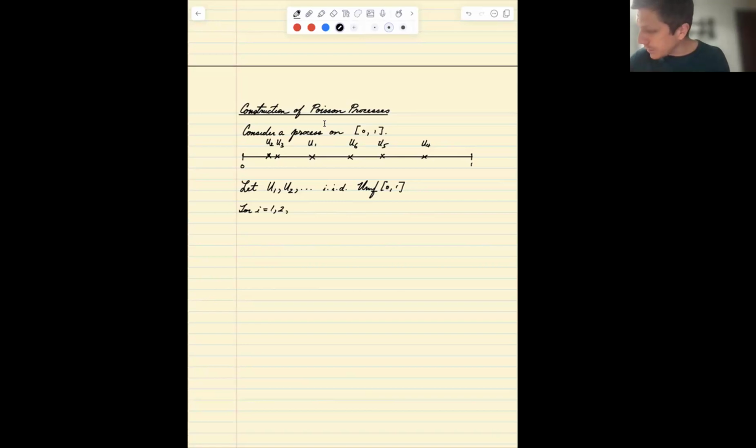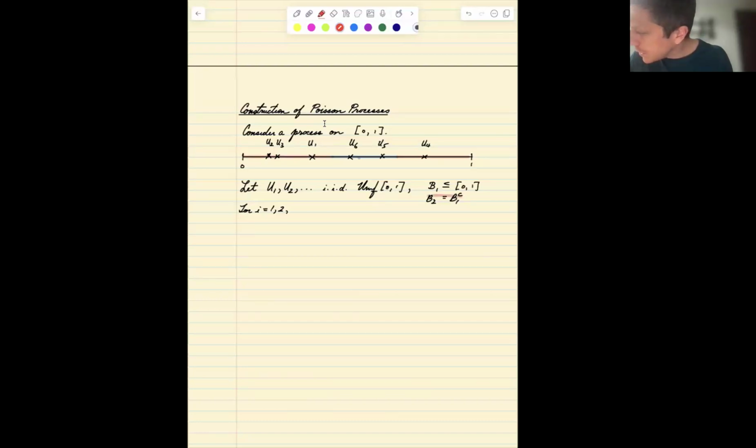We'll define B1 as a subset of the unit interval, and then define B2 as everything else.